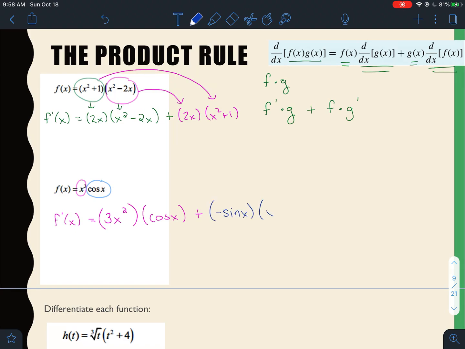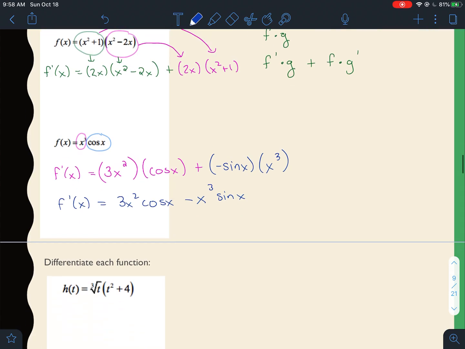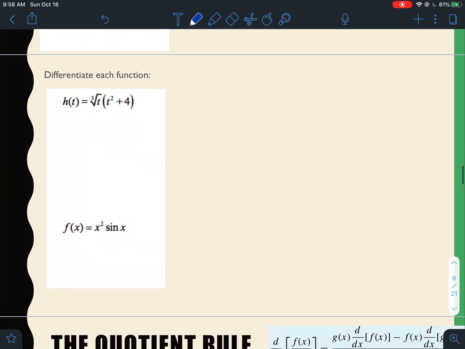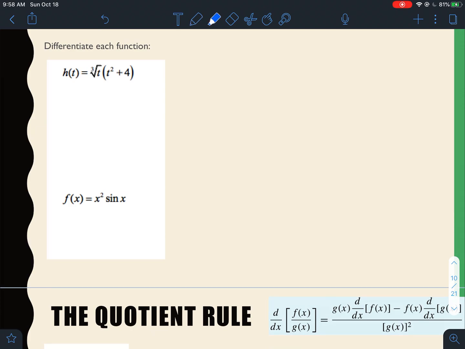The derivative of cosine is negative sine x, and then multiply it by the first function, x to the third. And you could also write it as 3x squared cosine x, and then since it's a positive and a negative, it'll be negative. And we typically write the polynomial function before trig functions. You don't have to, but we would write this as negative x to the third and then sine x. Either way is okay.